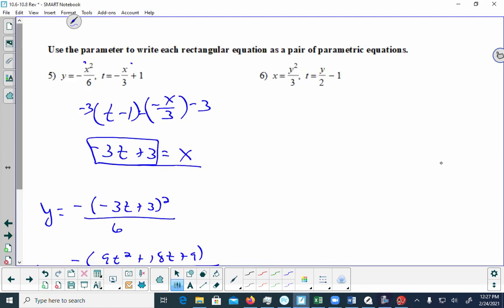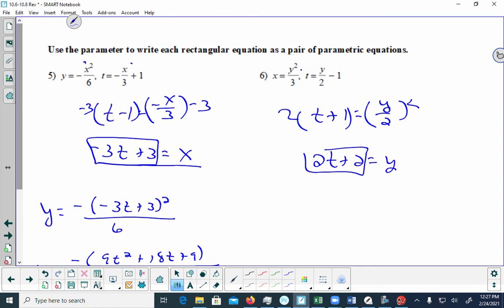Okay, number 6, when I look at that one, it's probably going to be easier for me to solve for y. So I'm going to say t plus 1 is equal to y over 2. Multiply both sides by 2, and I'm going to get 2t plus 2 is equal to y. Now I'm placing this in for this y here, so I'm going to say x is equal to (2t plus 2) squared over 3.